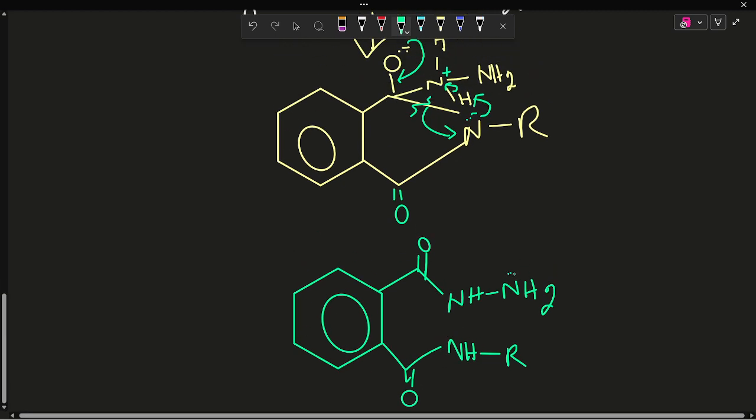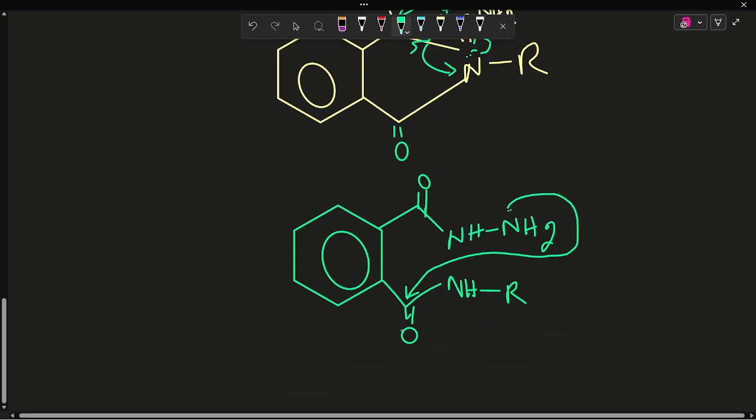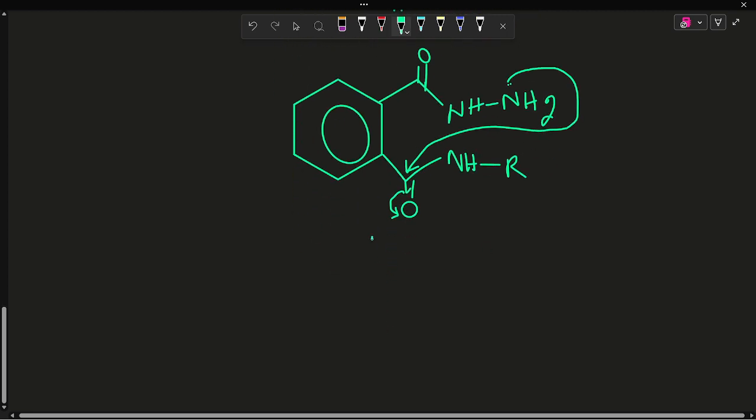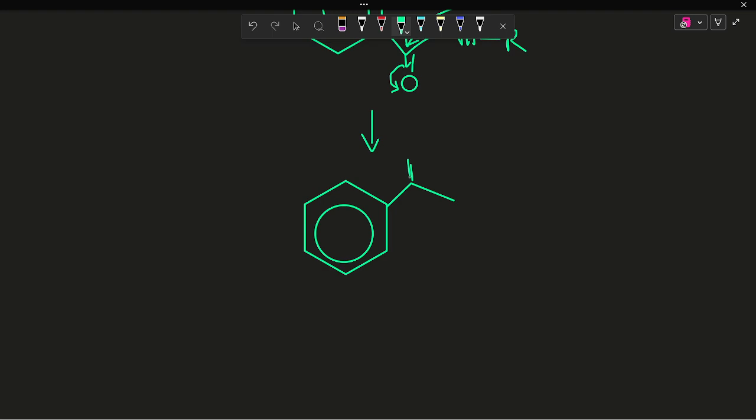Now what happens is this lone pair on this nitrogen acts on this carbon, and this bond pair gets converted into the lone pair. What we'll be getting is something like this. Let me draw it. All right. Here oxygen. Here we have NH.